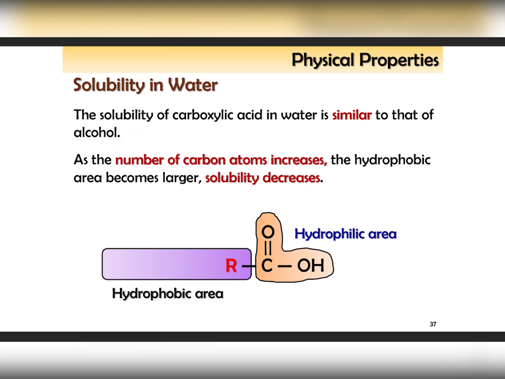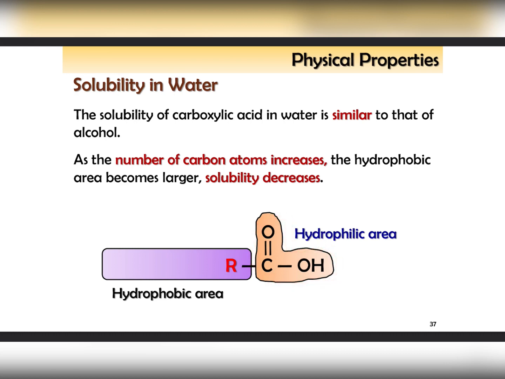Okay, so as the number of carbon atom increases dekat bahagian alkyl group ni, so kalau let's say it is more than 5 carbon, dia akan membuatkan kamu punya carboxylic acid itu less soluble. Okay, sebab hydrophobic area tu lebih besar compared to the hydrophilic part.